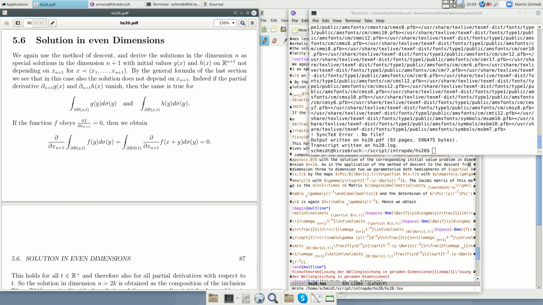We now generalize the method of descent to arbitrary even dimensions and go down from dimension n+1 to dimension n.